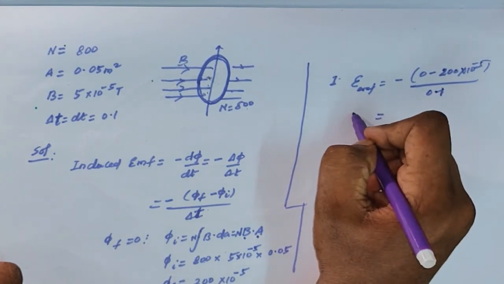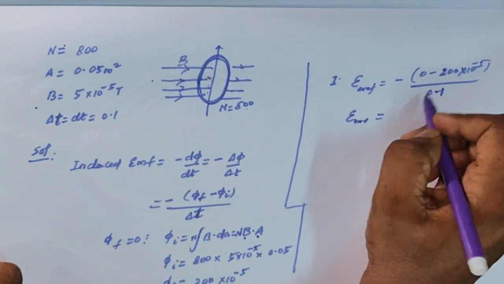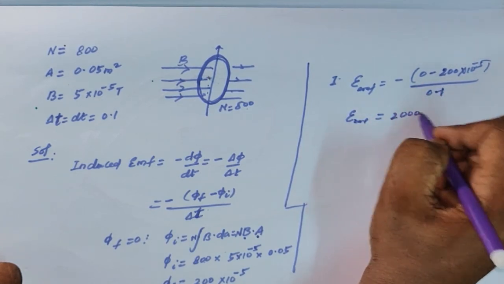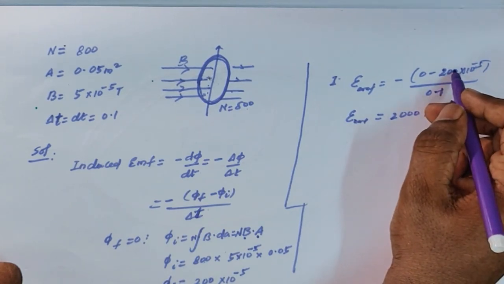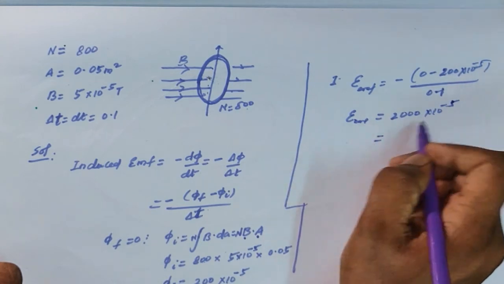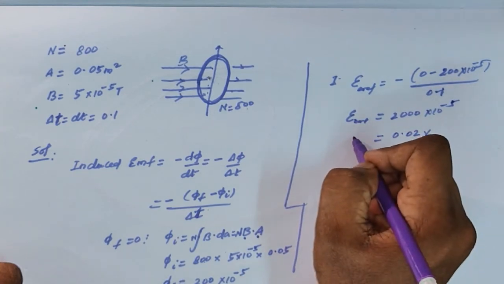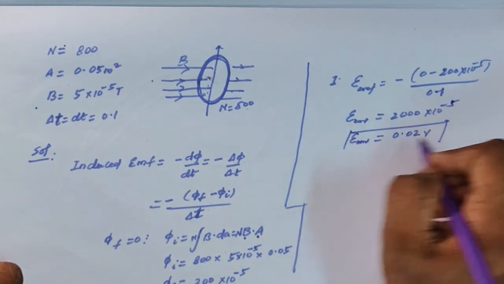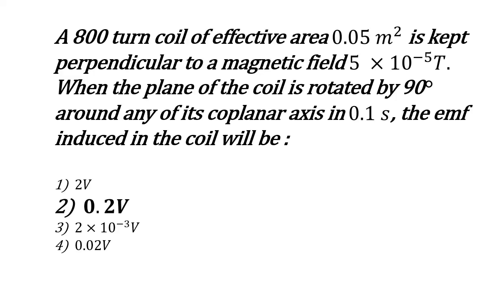Dividing this, minus into minus gives plus, and it is 2000 × 10^-5, because 0.1 in the denominator becomes 10 in the numerator. So the induced EMF is equal to 0.02 volt. This is the induced EMF, or induced voltage, and this would be the right answer. From the above discussion, we got the option equal to 0.02 volt.